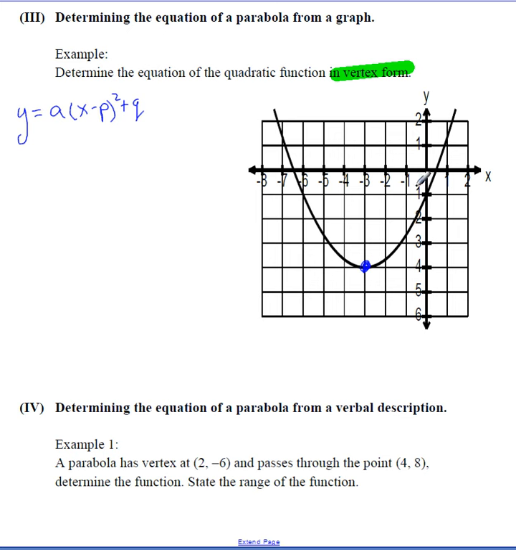And your vertex here is you go over 3 spaces, down 4. So over -3, down to -4. Remember, this stands for the p-value. This stands for the q-value.